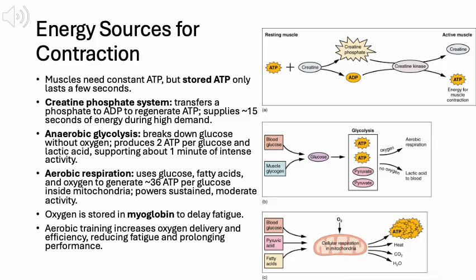This fuels about 1 minute of intense activity. For sustained contraction, aerobic respiration becomes the main source, producing about 36 ATP per glucose in mitochondria. Oxygen, carried by myoglobin, supports this pathway. Aerobic training enhances circulation and oxygen use, delaying fatigue and improving endurance.